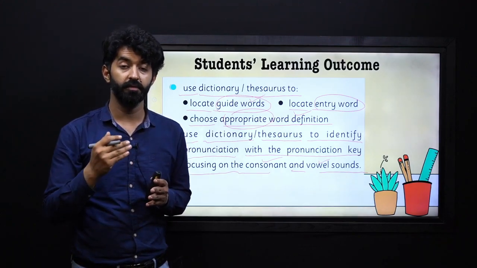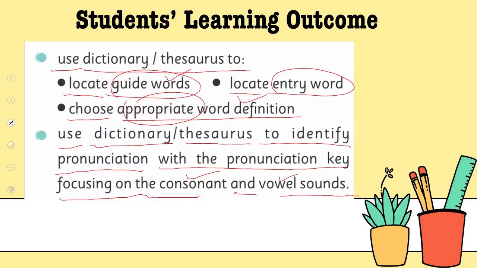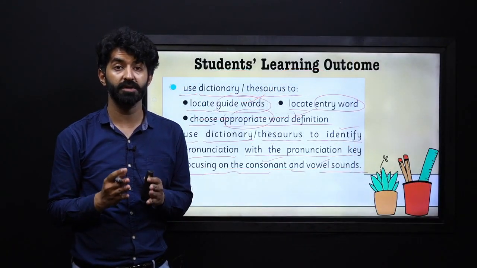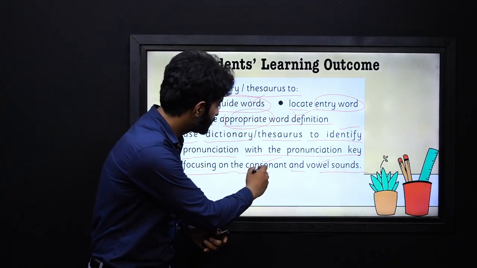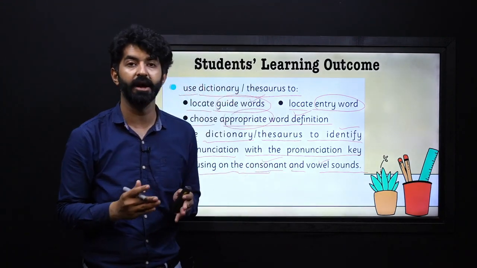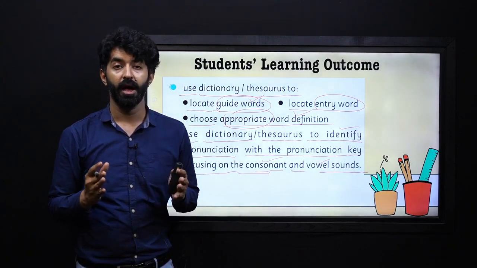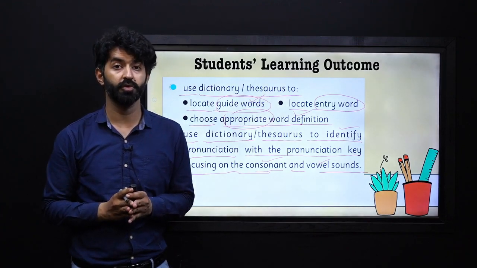So now we need to choose the right one for us, and then we will use dictionary or thesaurus to identify pronunciation with the help of the pronunciation key, also with the different sounds like consonant and vowel. This is our breakdown of the SLO. I hope that you are very much clear about what we are supposed to do now.